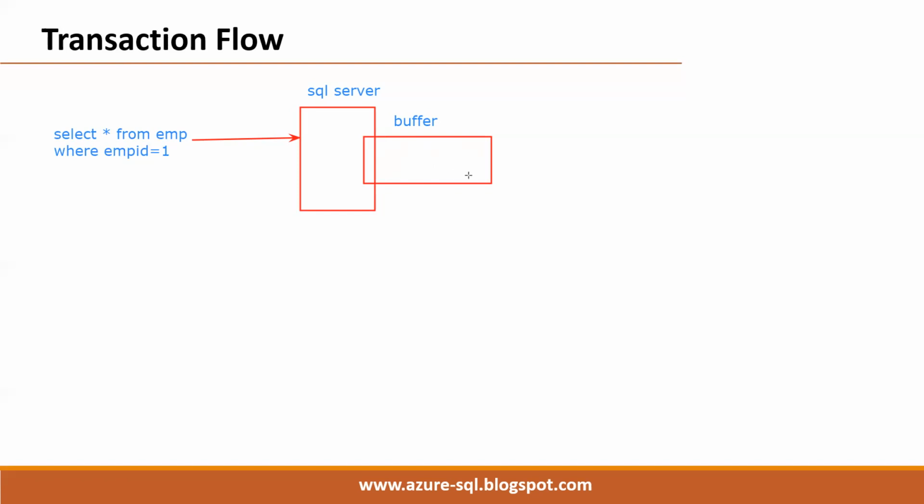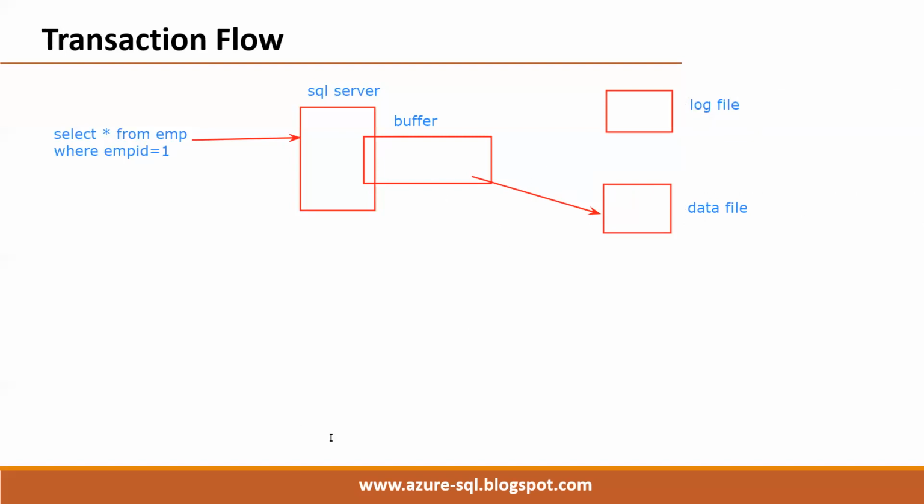It will go to the data file. Just now we have seen, right? Every database has two types of files: transaction log file and data file. So it is searching for the record here now in the data file.